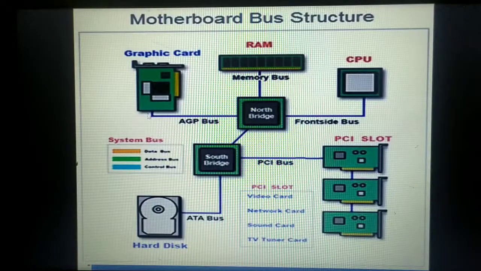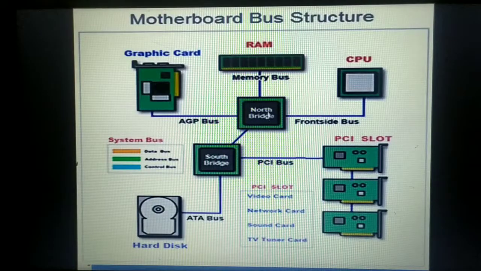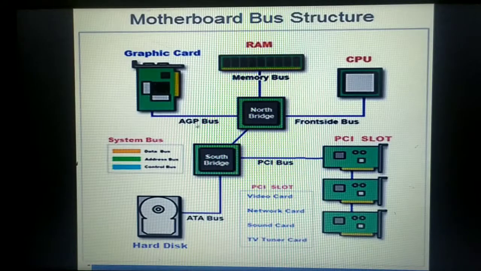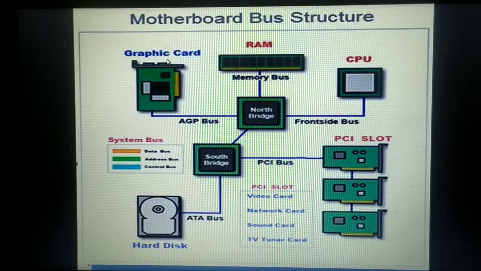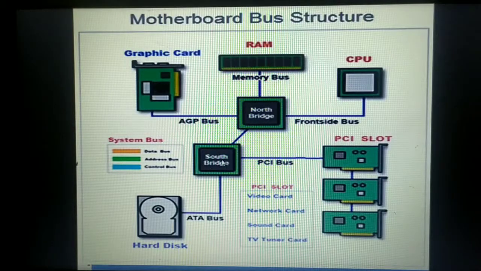So the same thing is being replaced with the devices here, and the north bridge is also connected with AGP, that is the accelerated graphic port, which is responsible for providing the graphics, that is for the 3D environment for the gaming purpose. Similarly as the previous, the south bridge is connected with the PCI slots, where the PCI slots help you to connect the video card to your computer system.